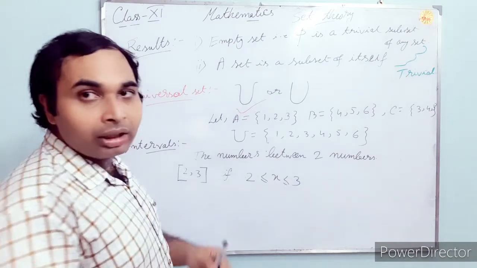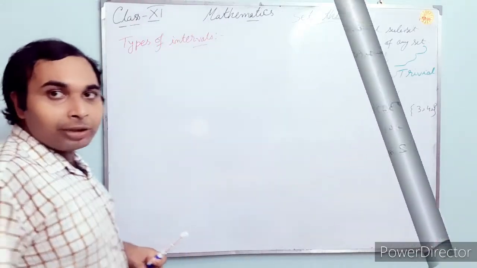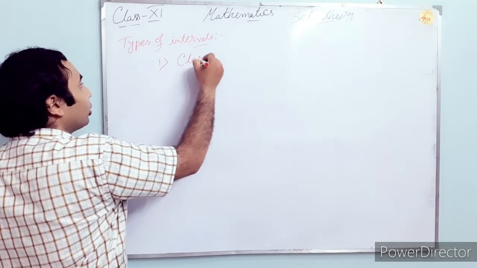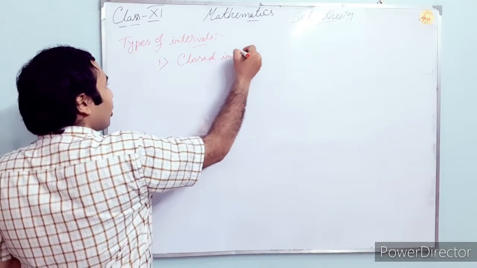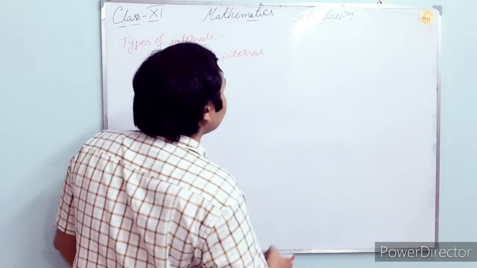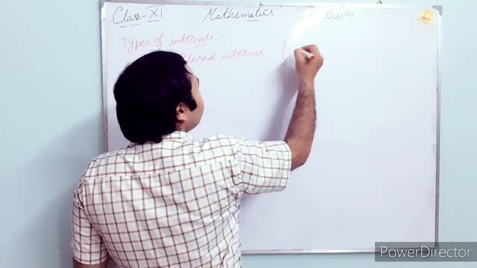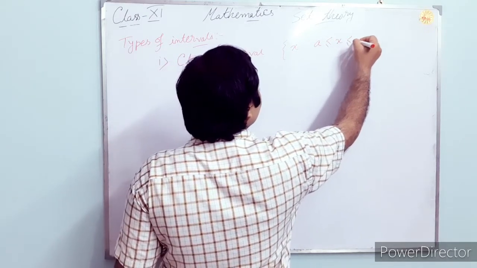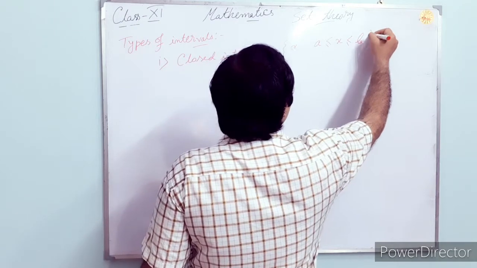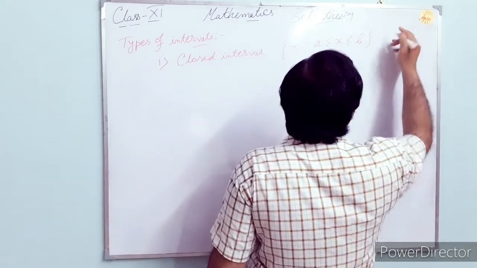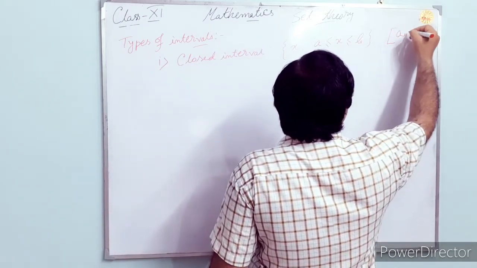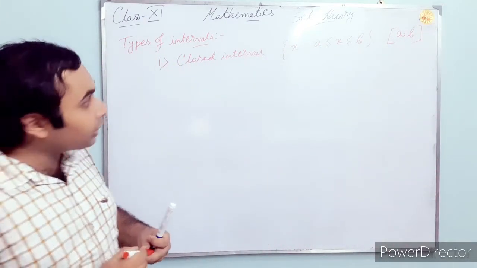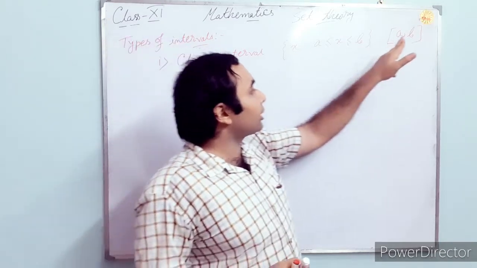I am telling you the types of intervals. The first one is the closed interval. The closed interval can be written as x such that a less than or equal to x less than or equal to b, and it can also be denoted as the square bracket [a, b].